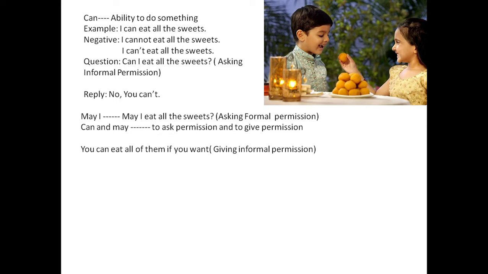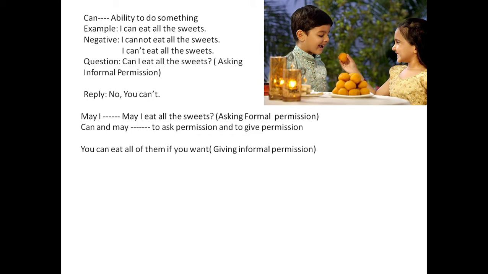And then, can and may are used to ask permission and to give permission. So far you have learned to ask permission. Now, how to give permission in an informal way and formal way. It will be like this.